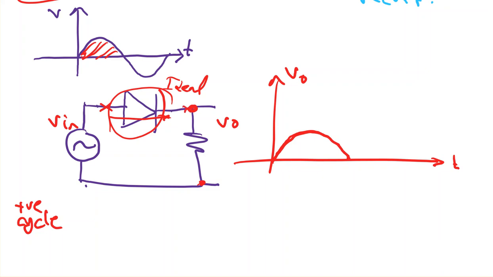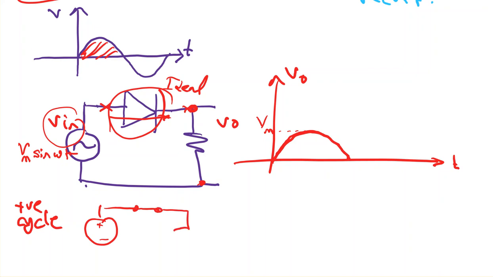And because it's ideal, we'll assume the drop to be 0, and that will be the maximum voltage, which is the voltage here. Let's say that this is Vm sine or cosine omega t. Now, for the positive cycle, this is positive, negative, I have here a short circuit, and therefore my voltage here is this one.